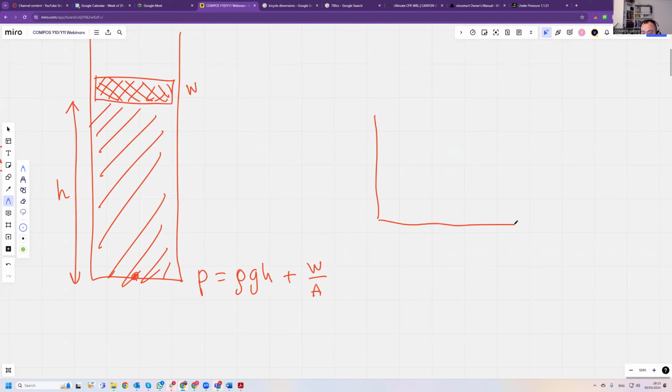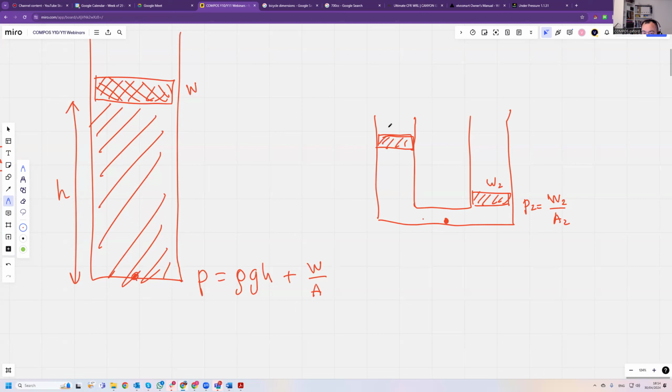So if you have 2 of them, and one piston is here, and one piston is here, the pressure at the bottom has to be the same because this is pushing and this is pushing. So pressure 2 is just the weight 2 divided by A2, the weight of that piston divided by the area.